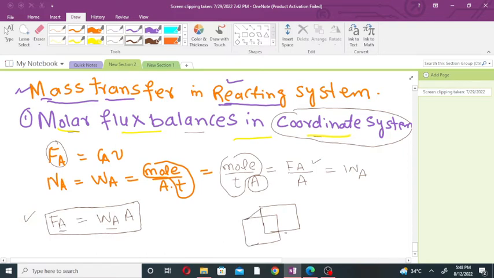This is the coordinate system. Suppose this is the x-axis, this is the y-axis, and this is the z-axis, and the whole is our control volume. So we will derive the equation with the help of this Cartesian coordinate system. This is a three-dimensional figure.